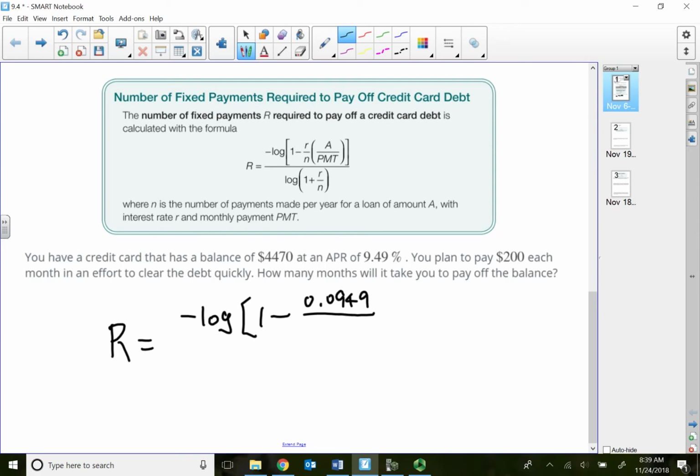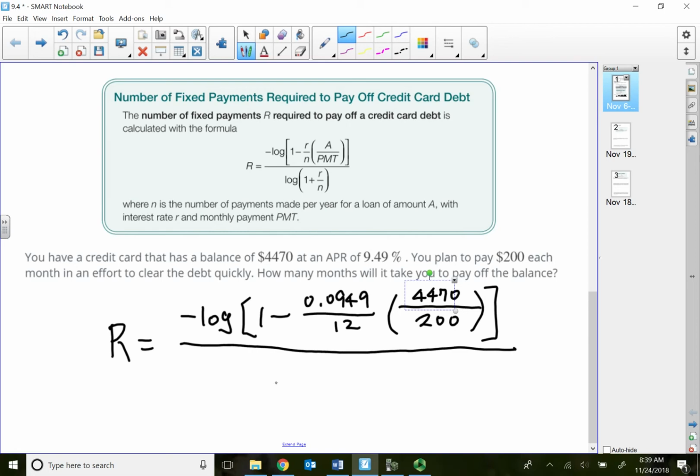Normally we pay credit card payments monthly, so this $200 each month, we're paying by the month, so 12. Times my total amount of loan, A, 4470, over the payment right now, $200, close bracket, whole thing divided by the bottom log, parenthesis, 1 plus R, 0.0949, whole thing over 12.